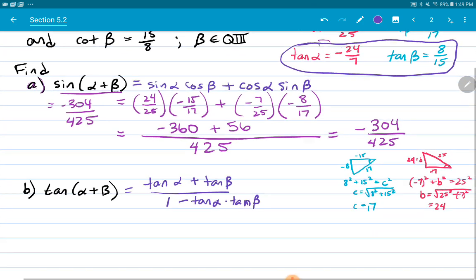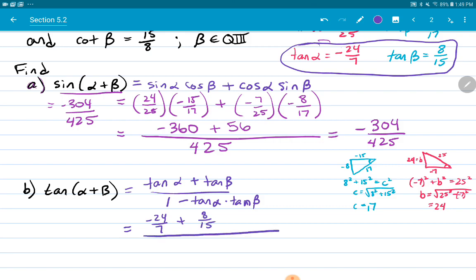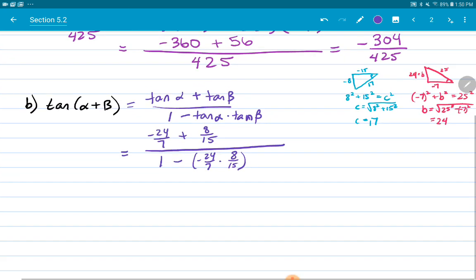So tangent of alpha plus beta equals tangent of alpha, which is negative 24/7, plus tangent of beta, which is 8/15, all over 1 minus tangent of alpha, negative 24/7, times tangent of beta, which is 8/15. This gets a little messier, so I'm going to scroll down and make some space.